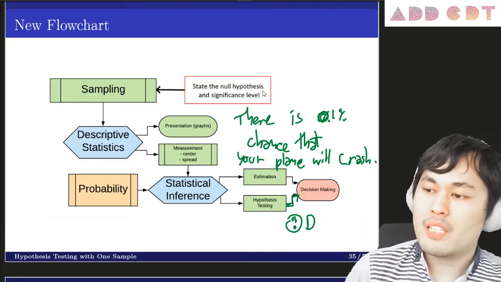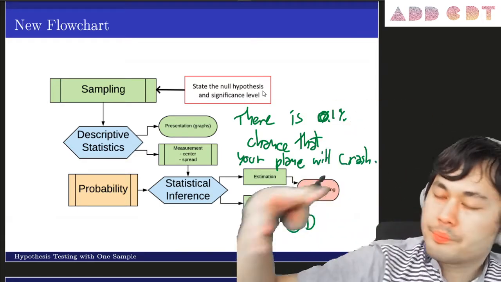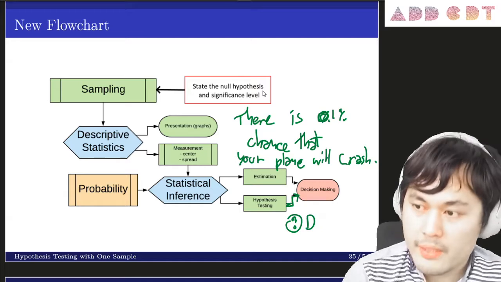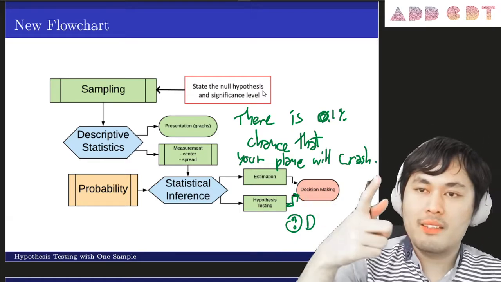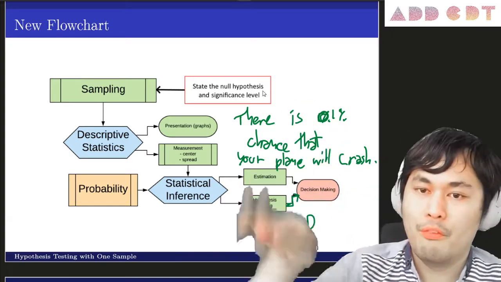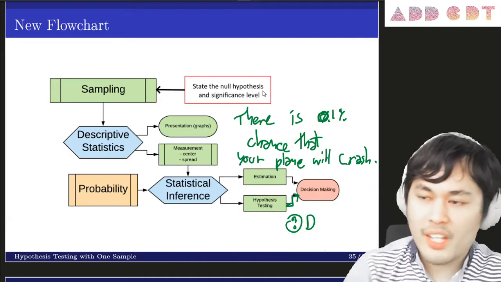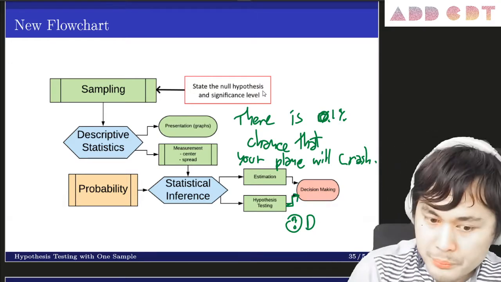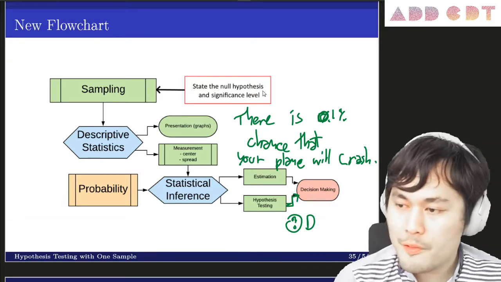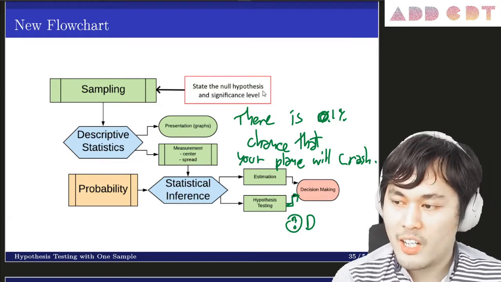If someone tells you after all these numbers that there is a 0.1% chance that your plane will crash and burn and explode or whatever, then from that number you decide for yourself whether you want to fly or not.